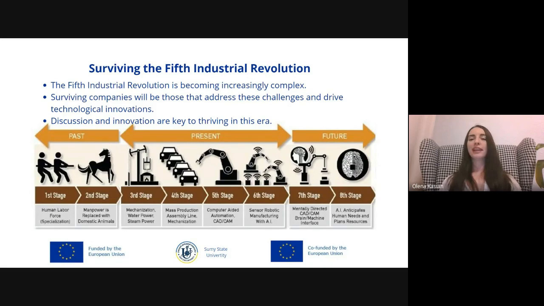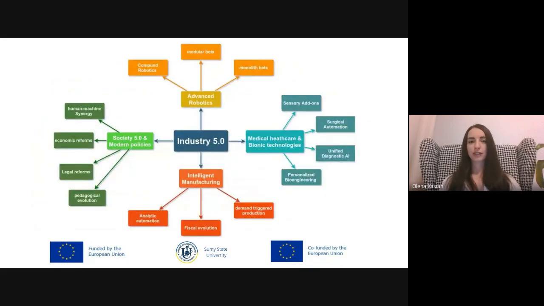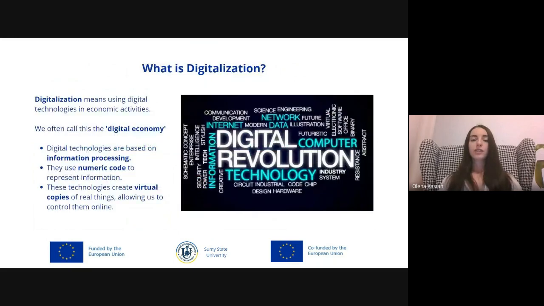And on the 8th stage, this is where artificial intelligence covers human needs and planetary resources will be covered by technology. This is quite interesting. This slide you can take a look at on your own, I will just cover it briefly. So this all leads us to digitalization.